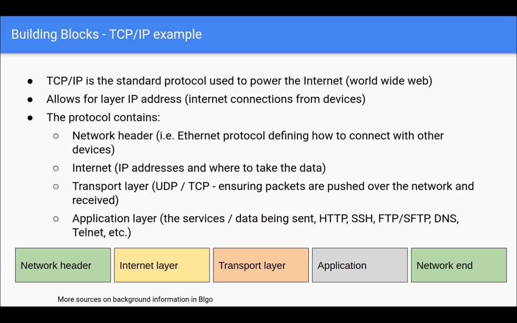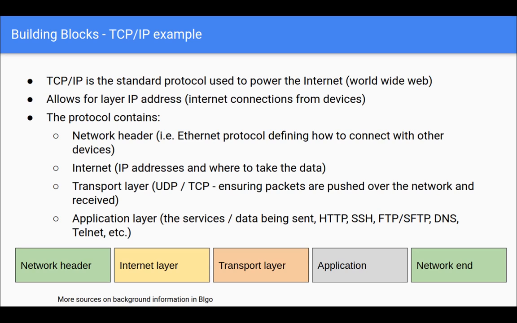This is essentially how the internet and the World Wide Web is structured. There are many other layers on top of and beneath this. You'll have things like the application layer, which could be HTTP, SSH, FTP. These are all different things which help grab the information and make it usable to the device so that you can actually read, for example, a web page.